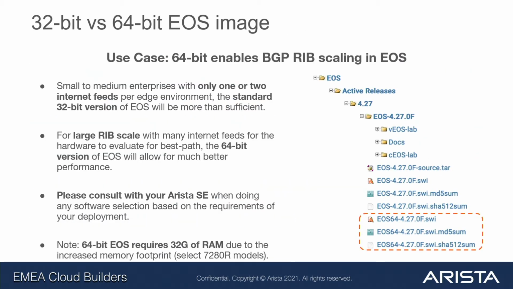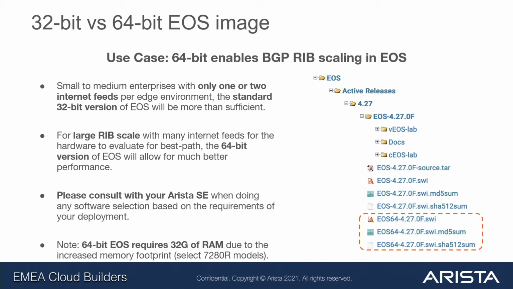You'll also see when you download images that there are 32-bit images, or at the end of the code, 64-bit or EOS64 in the code name. A lot of questions here: why, and which one do I choose? I think a lot of people automatically think to download the 64-bit version because it's better, but honestly, there's no real advantage unless you have a use case for it.